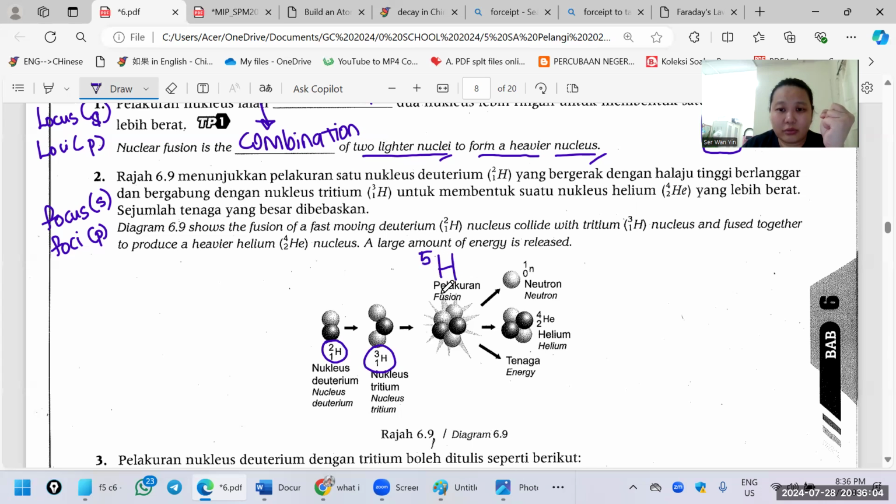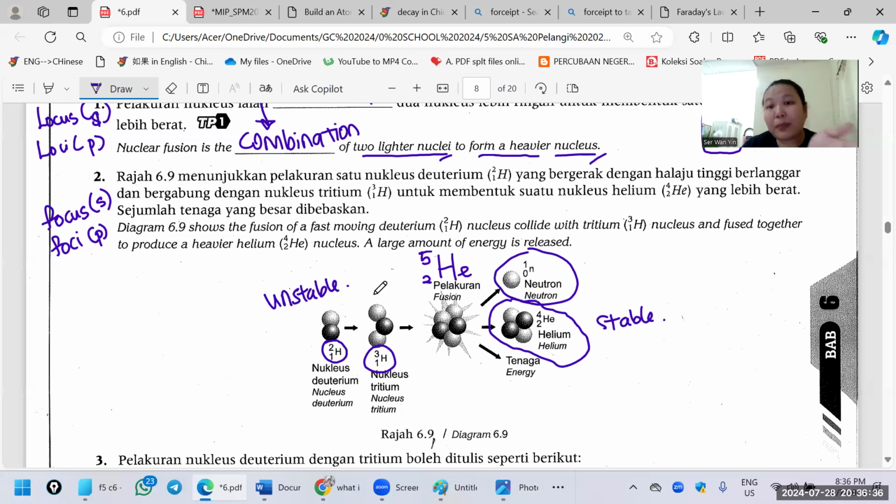He-5, 2. They become helium 5, 2. But you know, helium-5, 2 is not stable. So they decide to kick out one neutron. Then the remaining helium nucleus is better, stable. So this unstable nucleus becomes a stable nucleus with the release of energy.